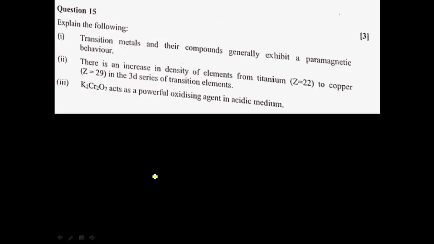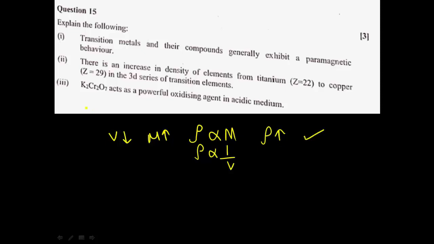So yes, when we move from left to right across a period in the periodic table, the atomic volume or the atomic size decreases, but the atomic mass increases. And how is the density related? Density is directly proportional to the mass, and inversely proportional to the volume. When the volume decreases and the mass increases, obviously density will increase. So this is the answer.